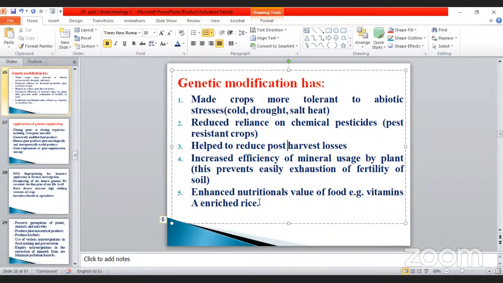One more is vitamin A enriched. Vitamin A is mostly found in orange containing food only. But in this category, vitamin A is also present in the rice. If we take rice, you will get vitamin A. So likewise, it is also made by genetic modifications.